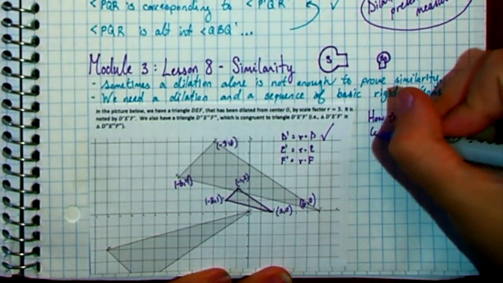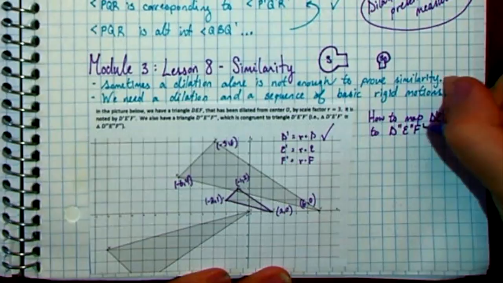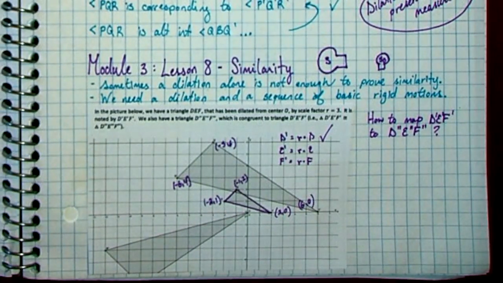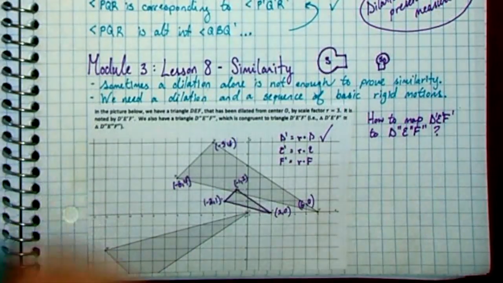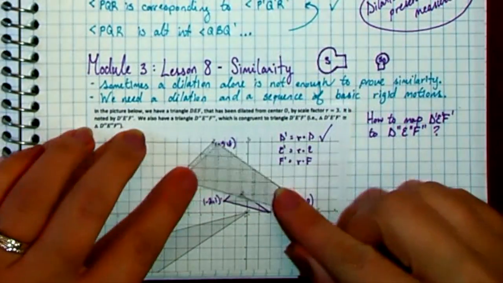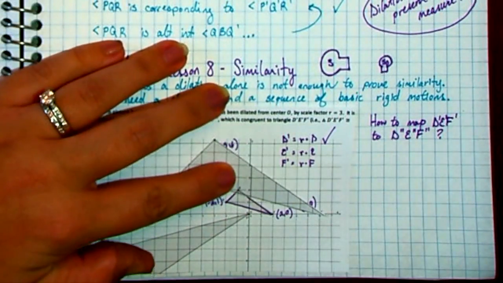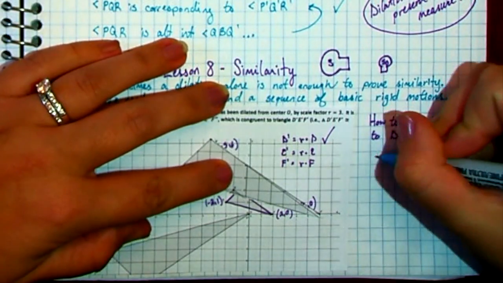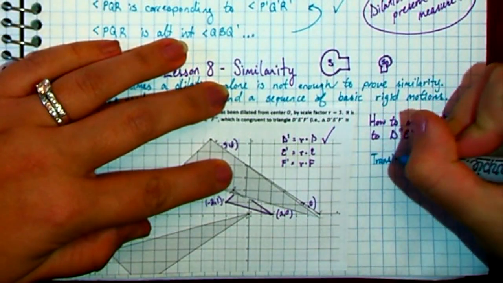So how do I map D prime, E prime, F prime to D double prime, E double prime, F double prime? Now, this is like a question for Module 2, right? I'm looking at this triangle, and I'm asking what series of basic rigid motions I can use to transform it onto its image. So I cut out this little triangle so I can show you step by step.